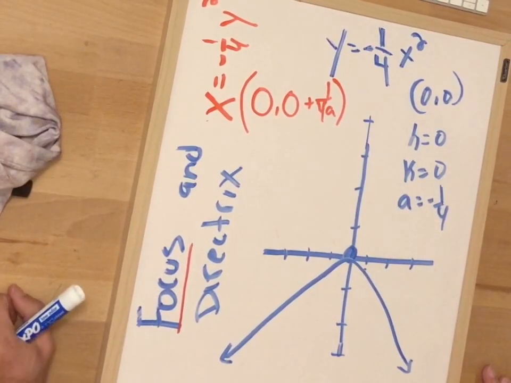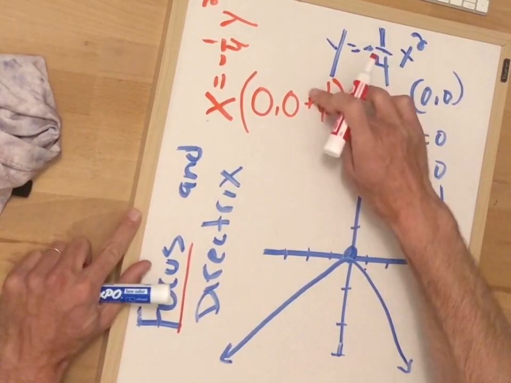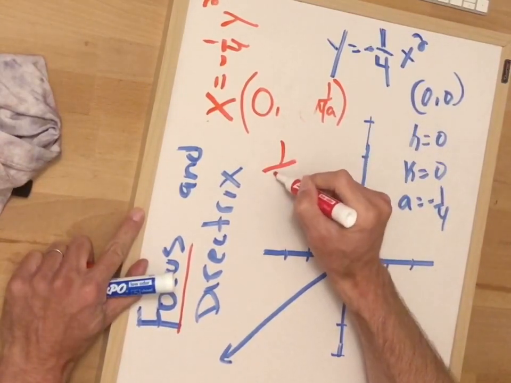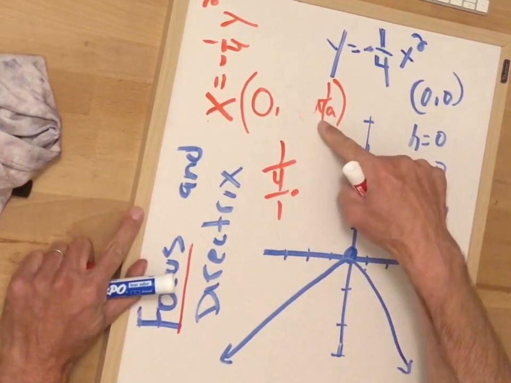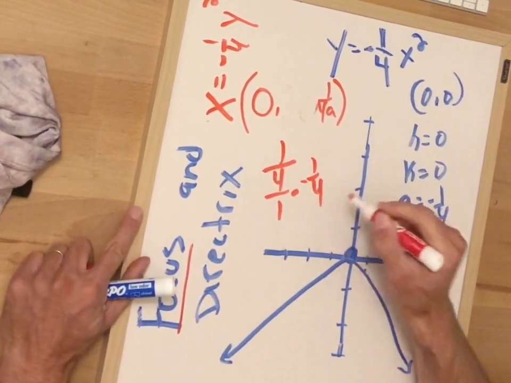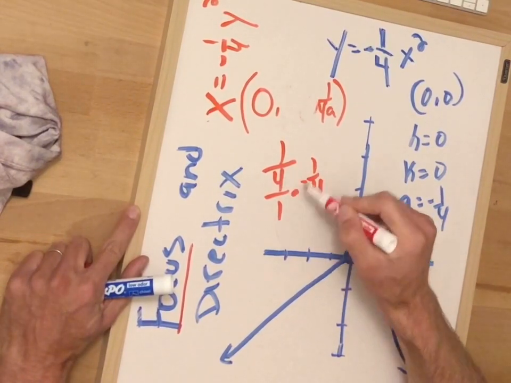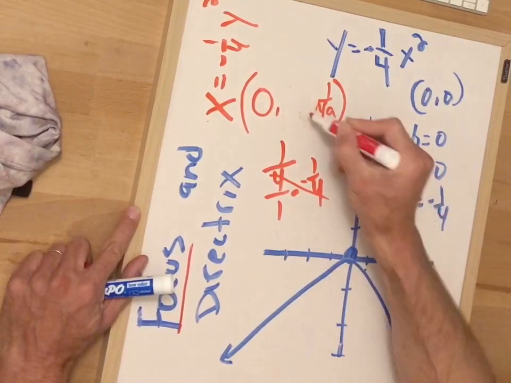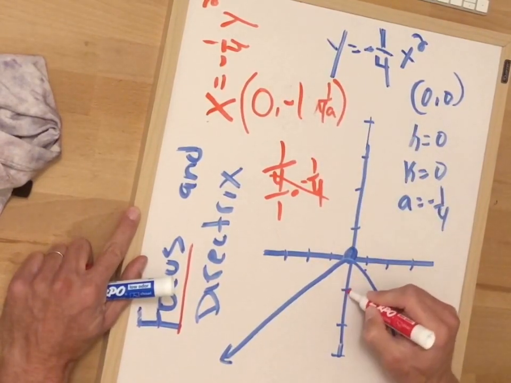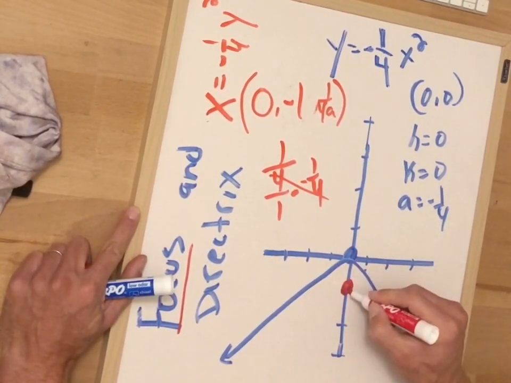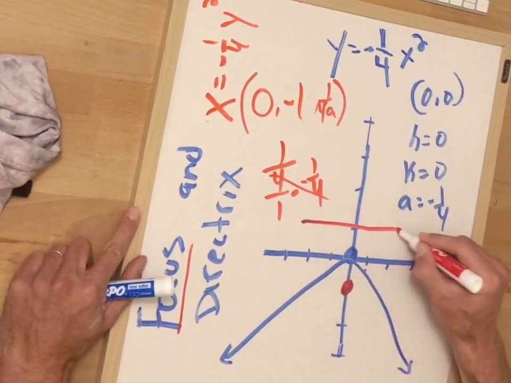Since it's 1/4 times my a, I'm going to do 0 plus 1/4 over 1, I'm just changing this to a fraction, times my a. My a is negative 1/4. So 4 times negative 1/4, these cancel out to give me negative 1. So it's going to be 0, negative 1, which makes sense, which is 0, negative 1 right here. That means I went down 1, I'm going to go up 1. This is going to be my directrix.